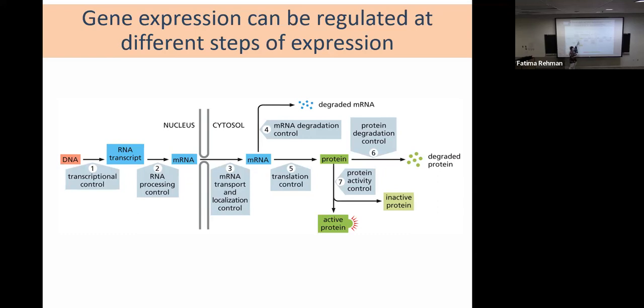Then once your protein is prepared, it doesn't mean it's active immediately, right? Sometimes it just hangs around and it needs a binding partner before it can be activated, or it needs another post-translational modification. Does anyone remember some examples of post-translational modifications?